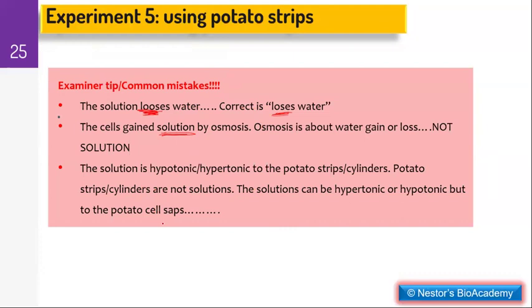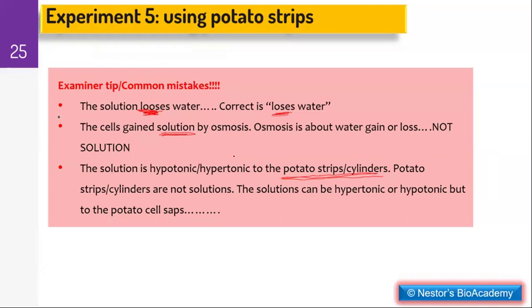And again, when you are comparing for the potato strips, it is wrong for you to say the solution is hypotonic or hypertonic to the potato strips or cylinders. As I said earlier, these terms hypotonic, hypertonic, isotonic are terms we are using to compare concentrations of solutions. But is a potato strip a solution? Is a potato cylinder a solution? No, they are not.